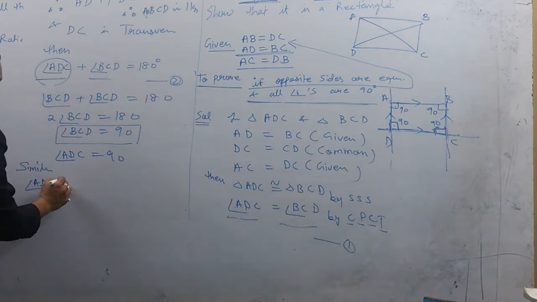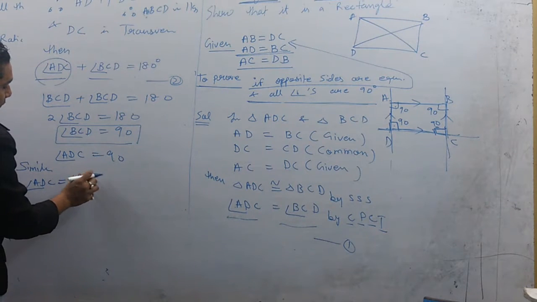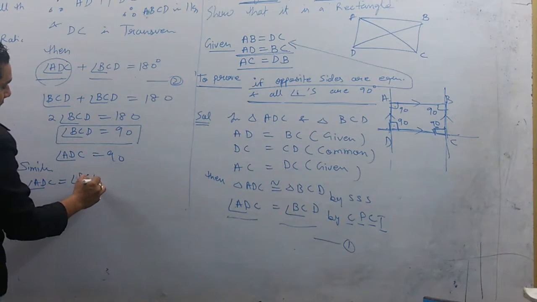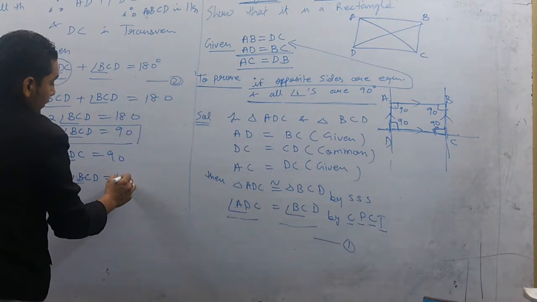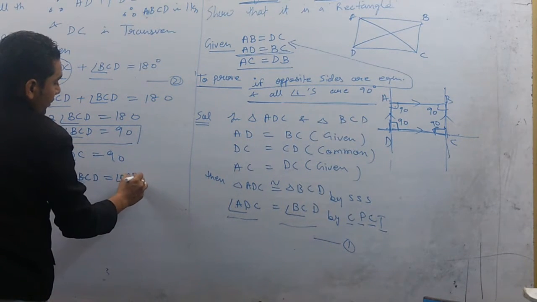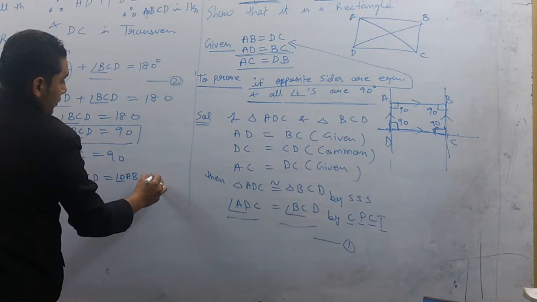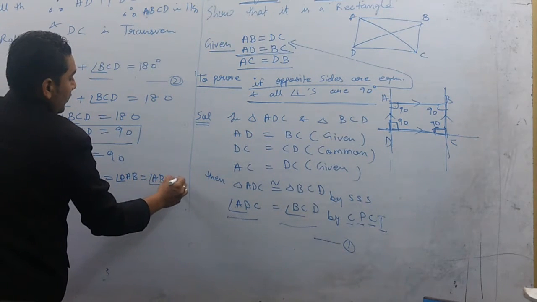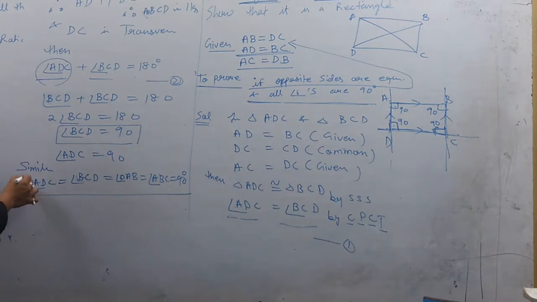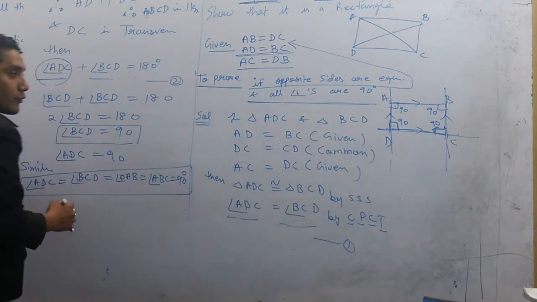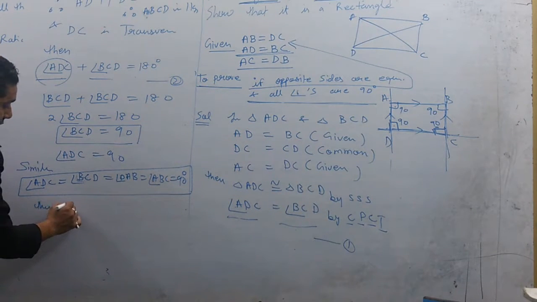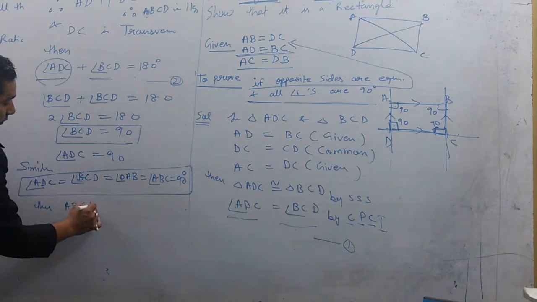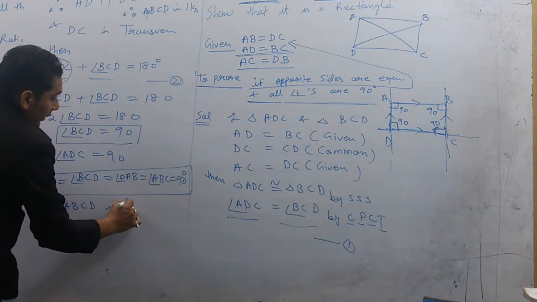angle ADC is equal to angle BCD is equal to angle DAB is equal to angle ABC is equal to 90. Then ABCD is a rectangle.